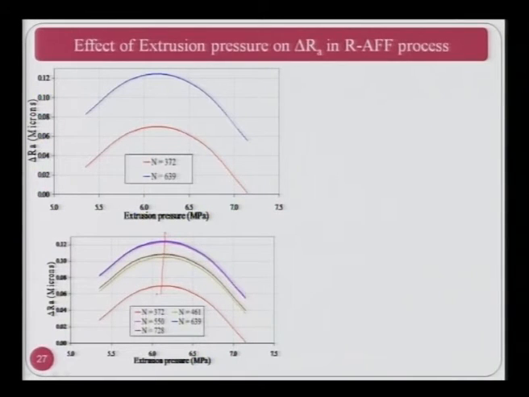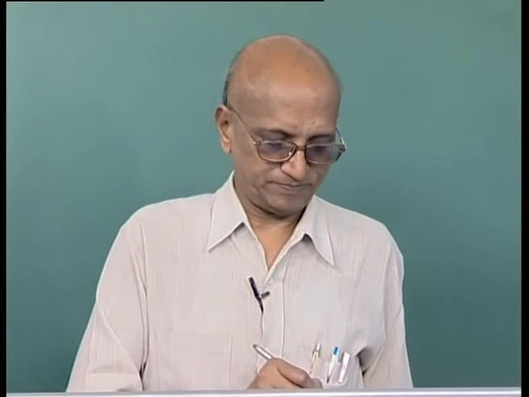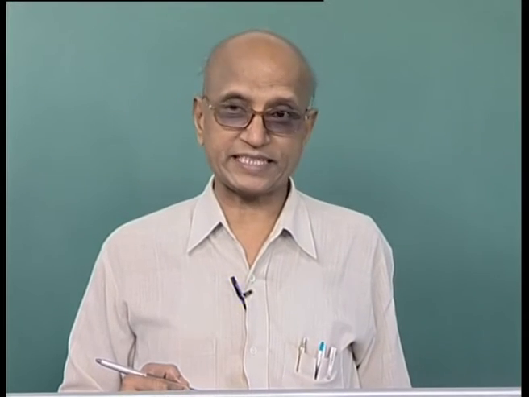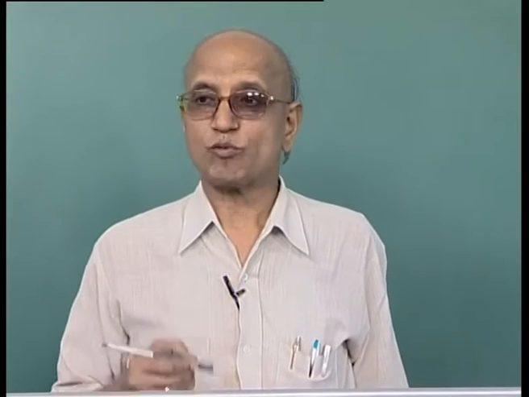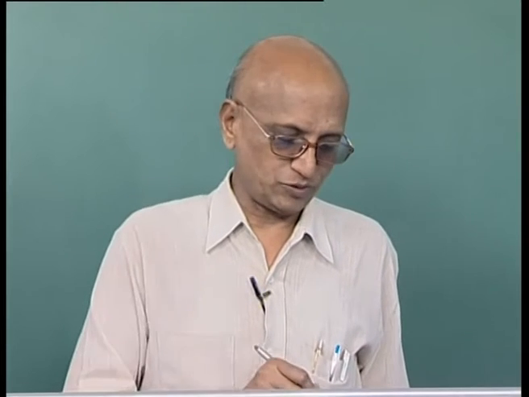So we should use that particular extrusion pressure which is giving the maximum value of delta Ra for the given setup and finishing conditions. Definitely it will be different for different workpiece materials, and this number will be different for different setups also. Under certain conditions, the finishing conditions and the medium will also change the optimum value to some extent.